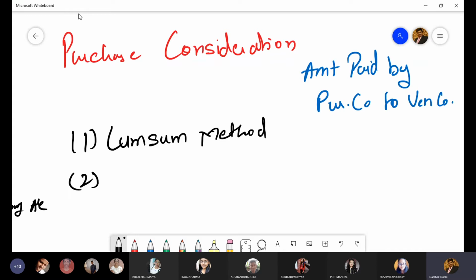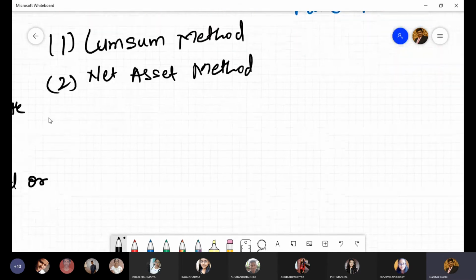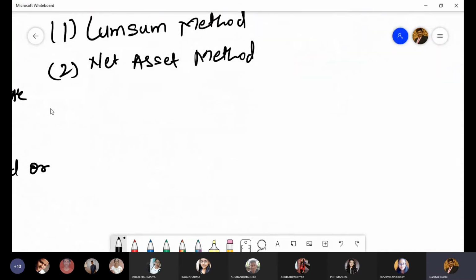Number two is the net asset method. Now, under this net asset method, we calculate purchase consideration. And how do we calculate purchase consideration? It is simple.